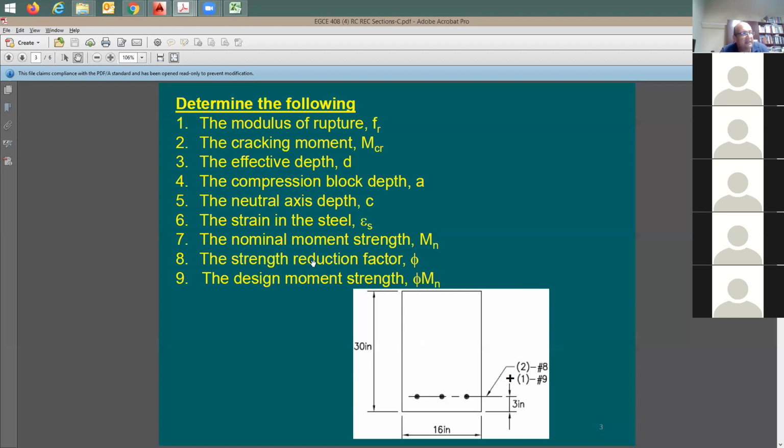You see here in this example, I itemize all the requirement items or elements. The reason is that you need to get used to this. You have certain steps that you need to go through, and it is easier for me to grade it. For example, if I give a point for each one, the depth is going to be 1 point, this one maybe 2 points, the strain in the steel 1, so maybe a total of 10 points.